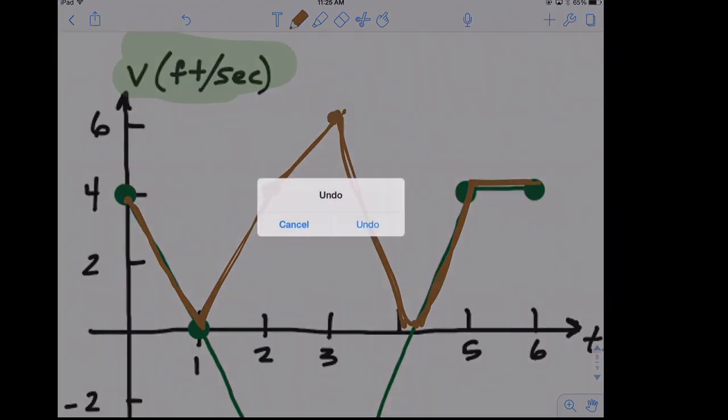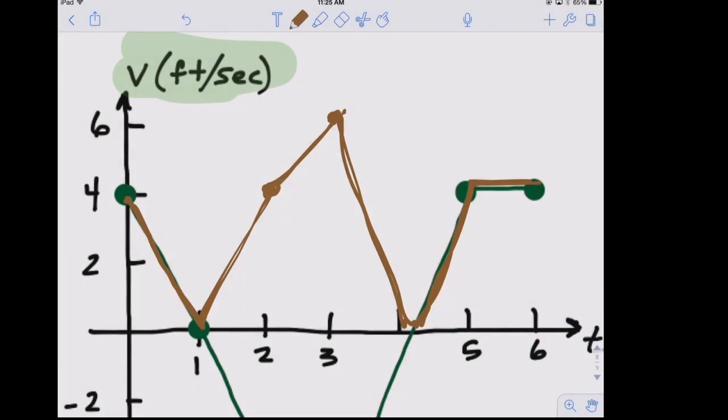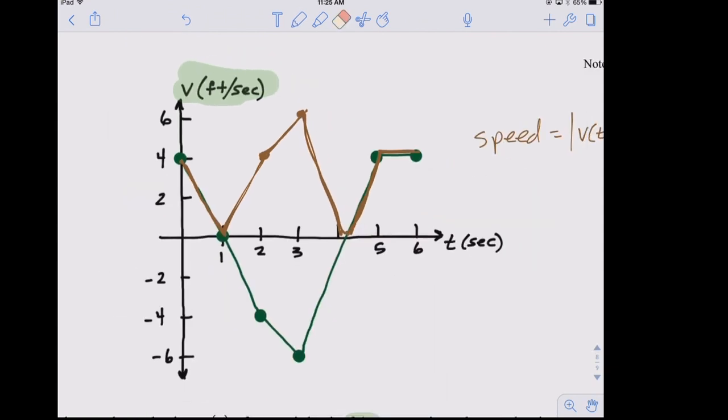At what time or on what intervals is the speed the greatest? So where is that graph the tallest? At t equals 3, right? And at that time, the speed is 6. So if you want to graph it, you can. But if you recognize that all you're doing is looking to see where the velocity graph is farthest away on either side from the t-axis, you can get the same answer very quickly, right?